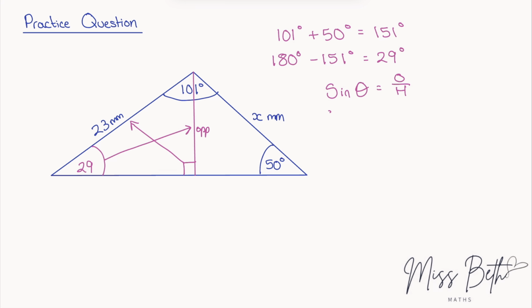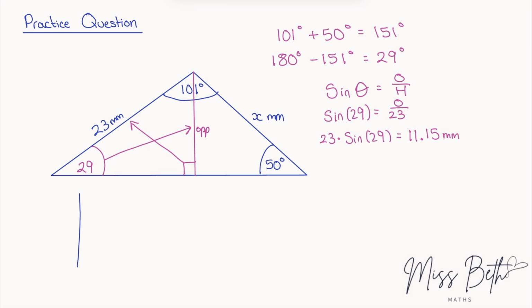So here we have sine 29, which is equal to the opposite over 23. So I can multiply both sides by 23. Okay, and that is going to give me 11.15 millimeters.